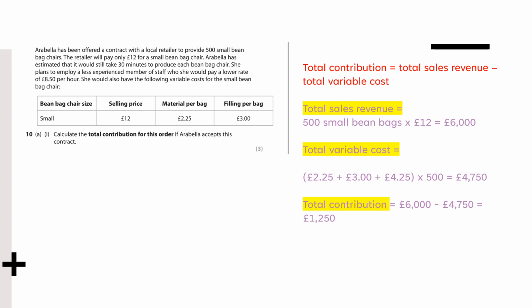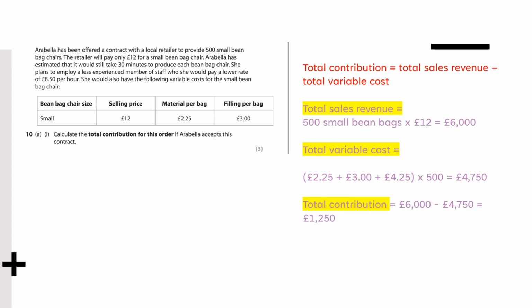Now, some calculation questions. So Arabella has been offered a contract with a local retailer to provide 500 small beanbag chairs. The retailer will pay only £12 for a small beanbag chair. Arabella has estimated that it would still take 30 minutes to produce each beanbag chair.